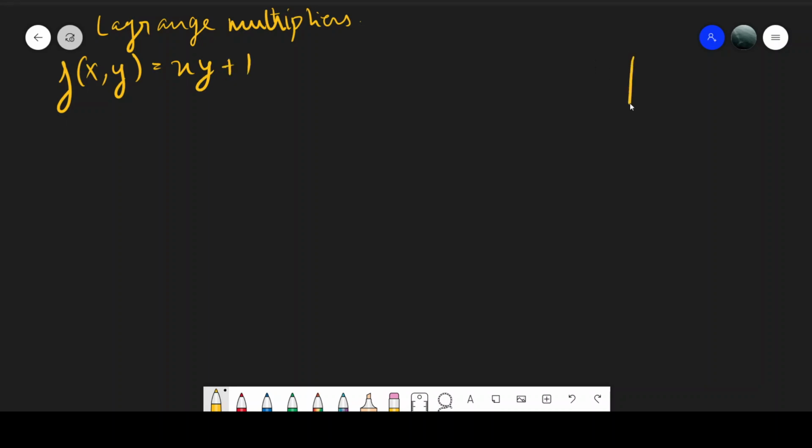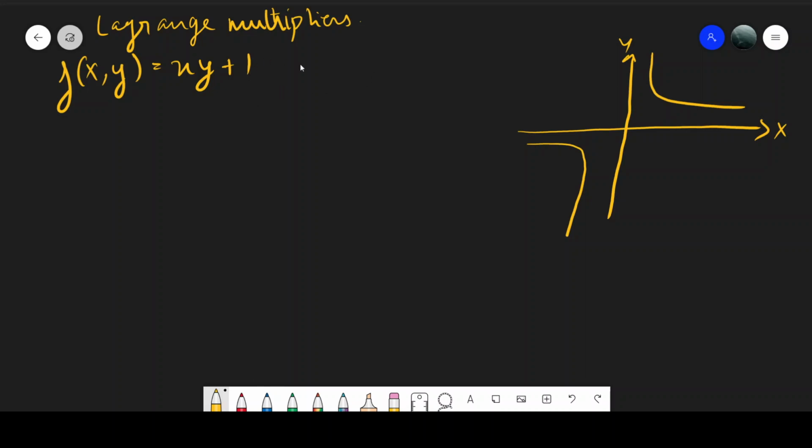Now if I plot this on a graph, the function will look something like this, where this is the y-axis and this is the x-axis. So now I want to find the maximum or minimum of this function subjected to a constraint.